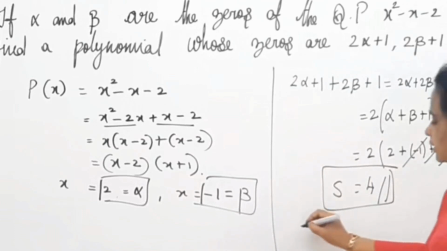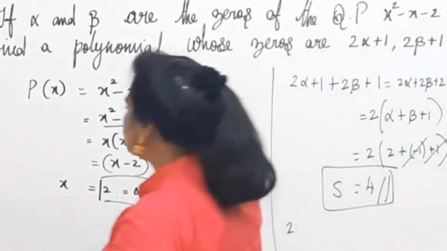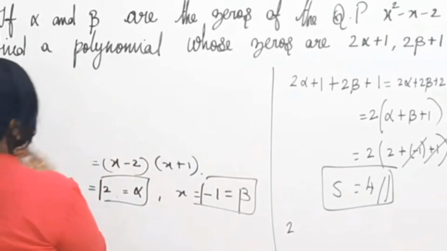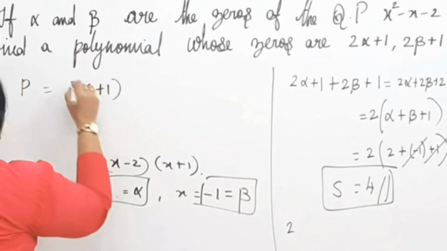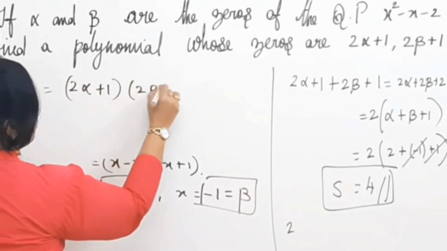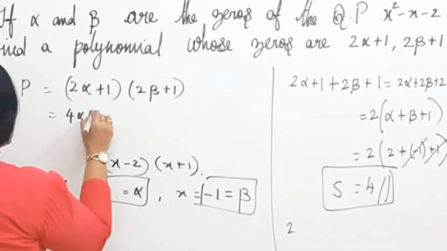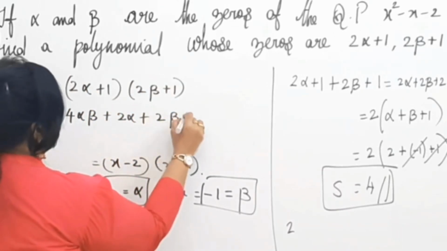And my product is 2 alpha plus 1 into 2 beta plus 1. I have to find the product first. So P is equal to 2 alpha plus 1 into 2 beta plus 1. Let me multiply, that is 4 alpha beta plus 2 alpha plus 2 beta plus 1.